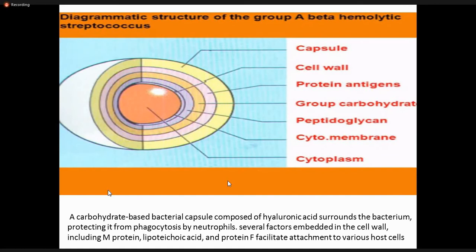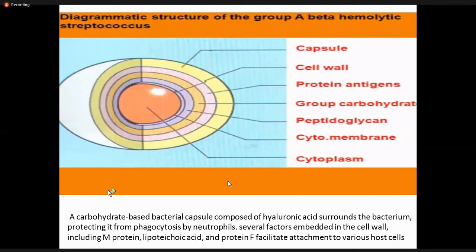It gives protection to these streptococci against phagocytosis by phagocytic cells or neutrophils. This contains certain special proteins known as M protein, lipoteichoic acid, and protein F, which are the virulent part of the streptococci, by which it produces the disease and infective period.